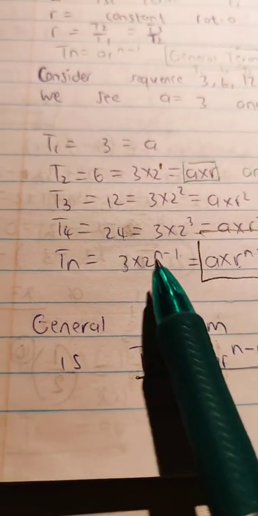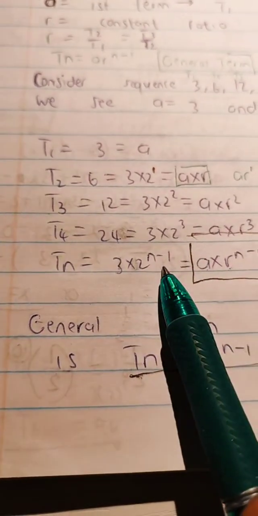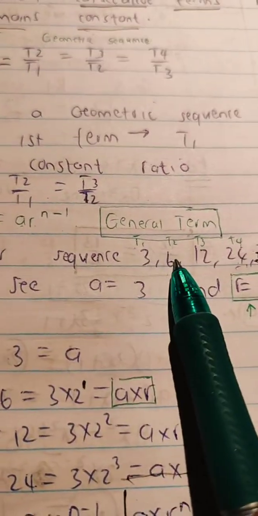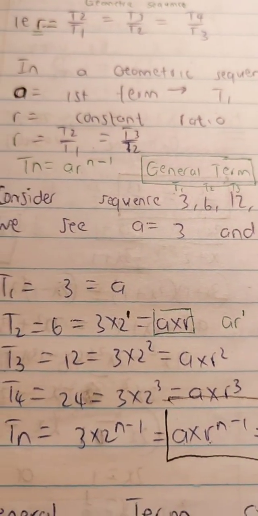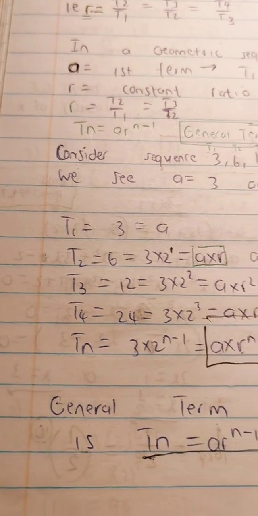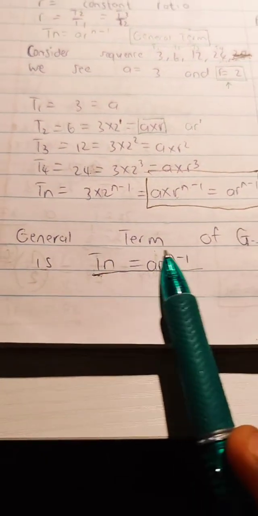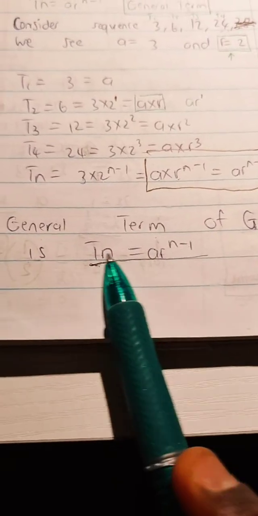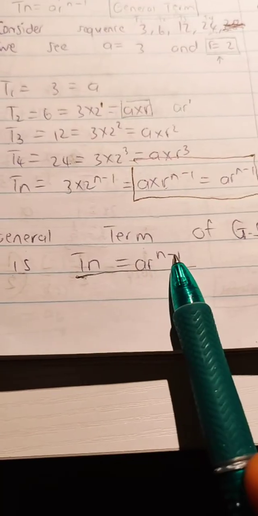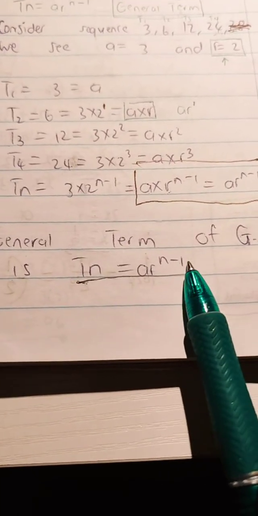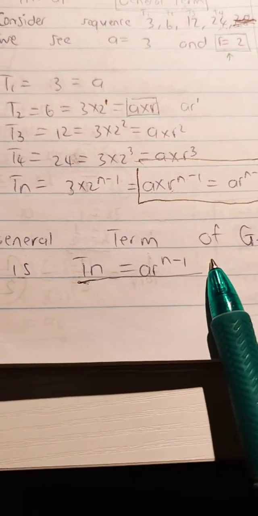This is the nth term, the general term of our geometric sequence of 3, 6, 12, and 24. Okay, I hope that makes sense, guys. Now, there it is. The general term of a geometric sequence is Tn is equal to ar to the power n minus 1, my beloved grade 12.